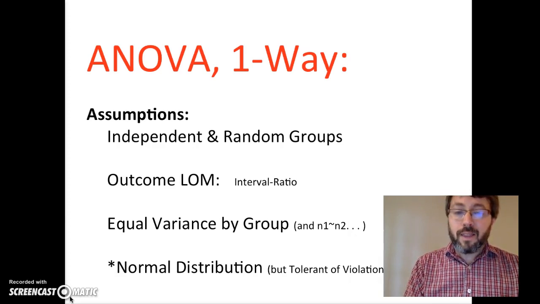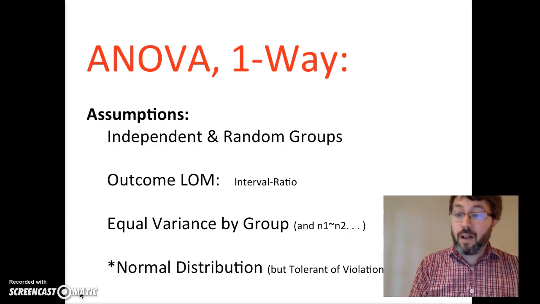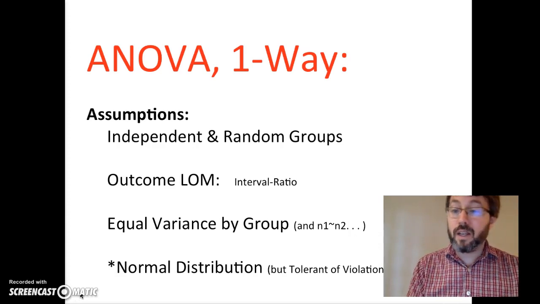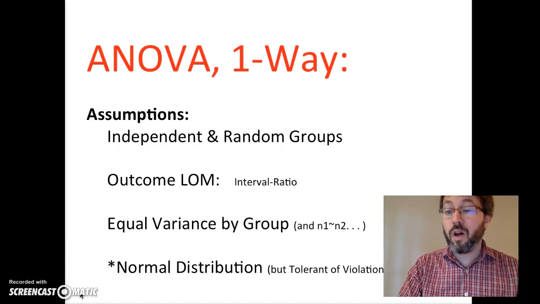Looking at the outcome measure of interval and ratio, we know that the number of readmissions is an interval measurement. The assumptions that the groups are random and independent, we can't fully verify because we don't know all of the backstory of which facilities are included and not.